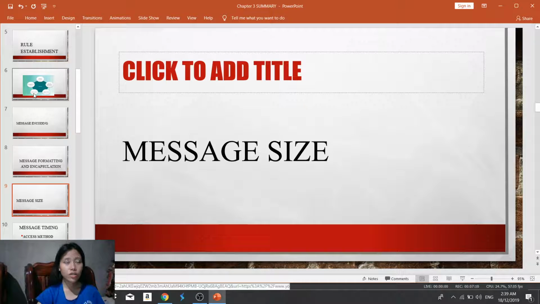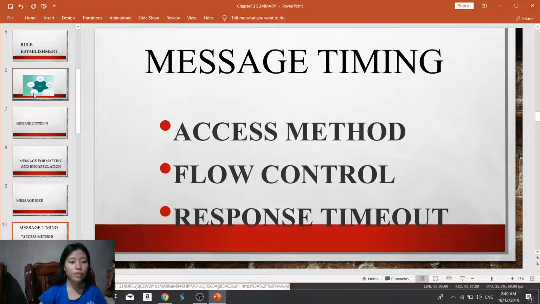Then the message size: another rule of communication is that when people communicate with each other, the messages they send are usually broken up into small parts or sentences. The next one is message timing, which I already tackled.